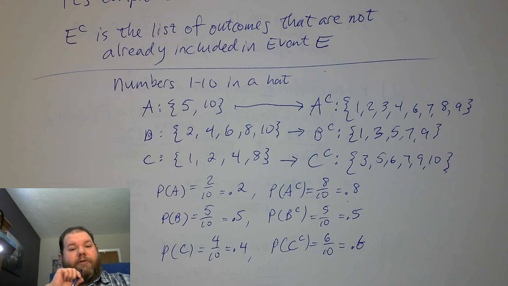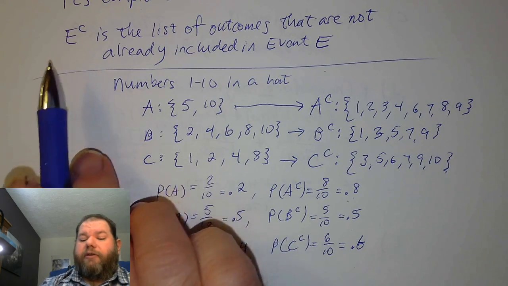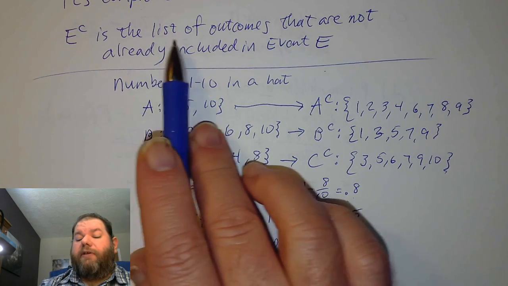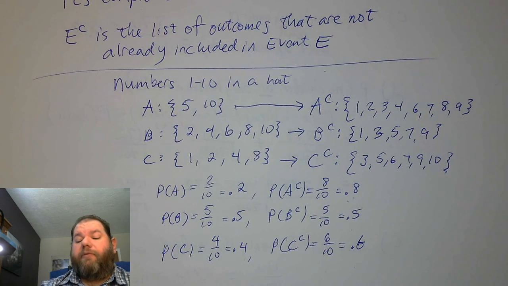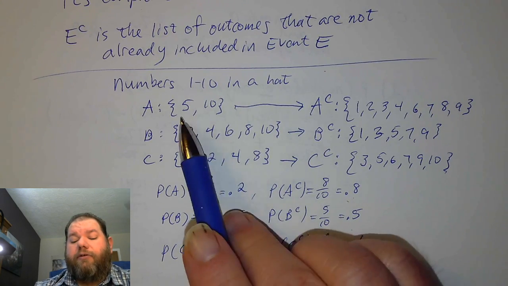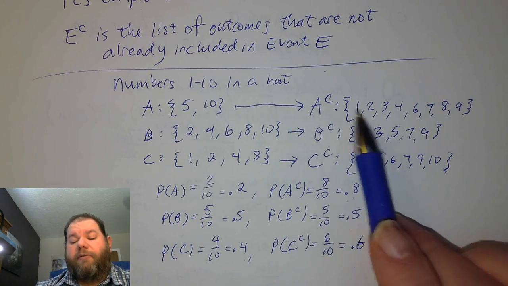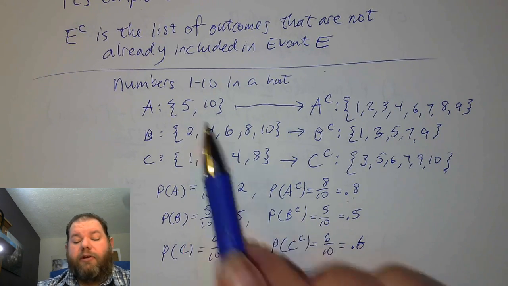Now it might seem like a strange coincidence, but if we think about how we came about getting these results, again, we said the complement of an event is the list of all outcomes that are not already included in event E. So if we have the numbers 1 through 10 in a hat, if event A contains 2 of the numbers, its complement must contain the other 8 that are not part of the first one.